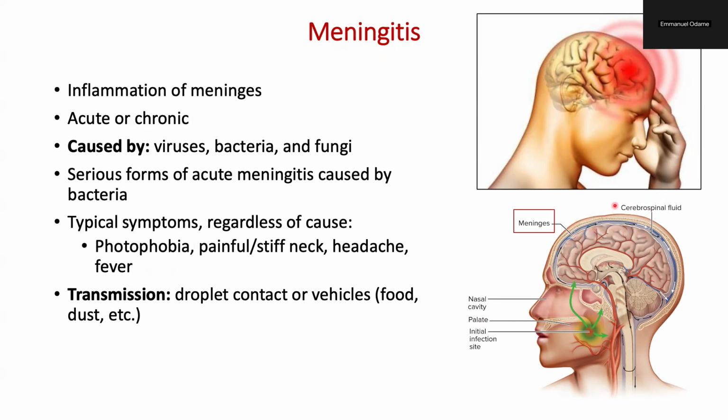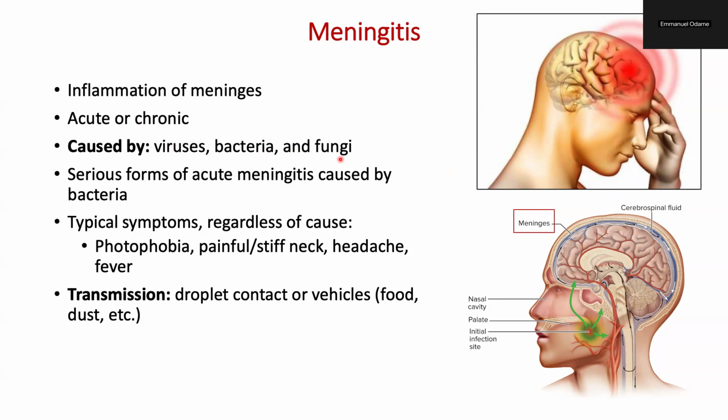So there's a structure between the brain and your cranium, and that is the meninges. You experience inflammation in that area, and the inflammation can be acute or chronic. In the worst case scenario, you experience a very severe headache. This disease, meningitis, is caused by viruses, bacteria, and fungi.